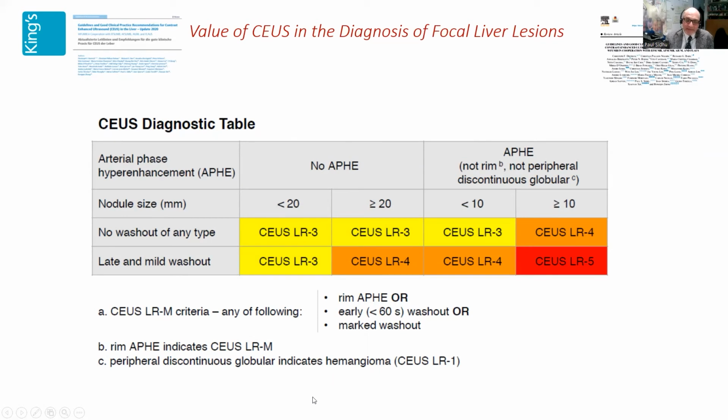And remember, this is classification within a cirrhotic liver. Well, you're looking at the size of the lesion. If the lesion is greater than 10 millimeters, it's hyper-enhancing and there's washout, then it's a definite LI-RADS 5. And therefore, with the changes in size and also the hyper-enhancing or no hyper-enhancing, you classify them differently. So really, it's a late and mild washout, hyper-enhancing, and bigger than a centimeter, you've got an LR5 or a definite HCC.